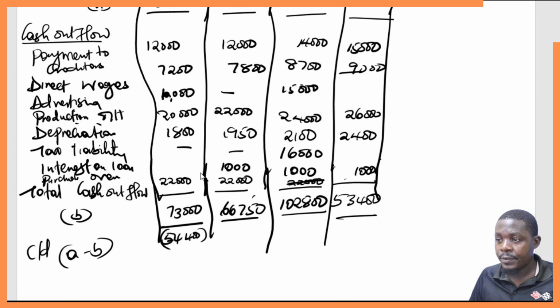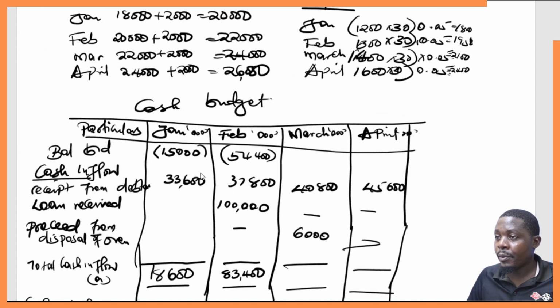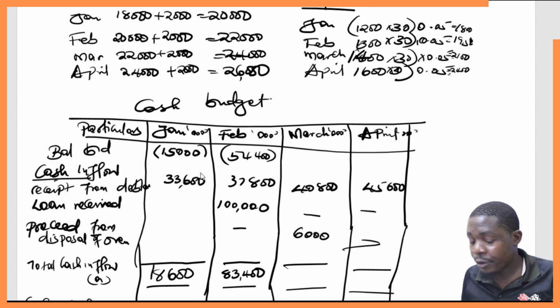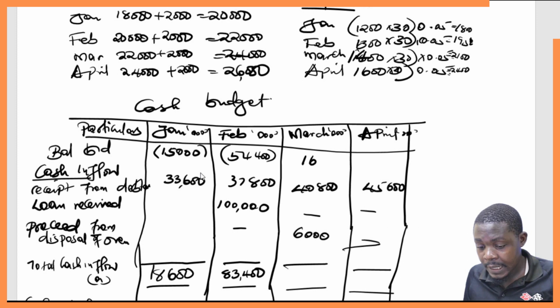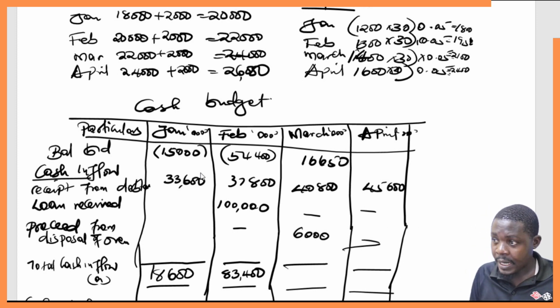We have 16,650. In that case, we have a positive closing balance for February. That one we take it here. It becomes the opening balance for March, 16,650, we are adding 4,800 plus 6,000.